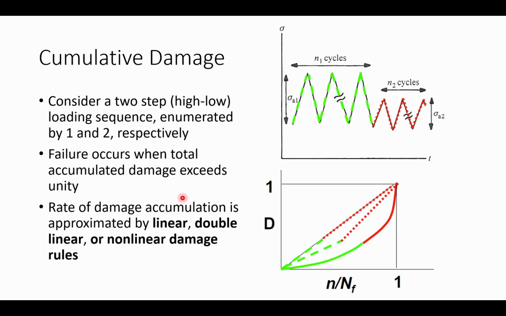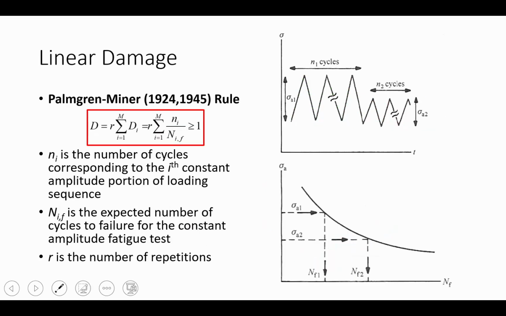Now, the rate of damage accumulation can be approximated using a couple of different methods. There's the linear approach, where we linearly add damage from each subsequent block. There's the double linear approach, where we have some dependency on the previous cycling. And then there's the nonlinear damage rules and approaches, where we have completely nonlinear relationships.